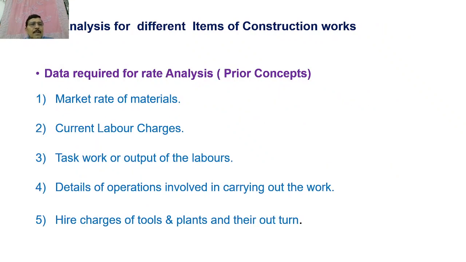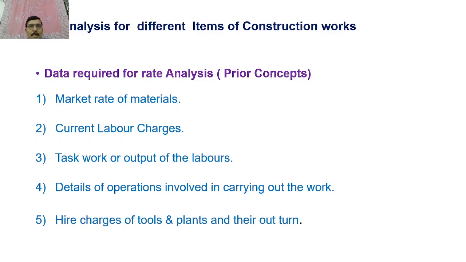Now what is the data required for rate analysis, or what are the prior concepts required for calculation of rate analysis? Number one is the current market rate of materials, current labor charges, task work or output of the laborers, or labor constants for different items of work as per the individual codes of each country.